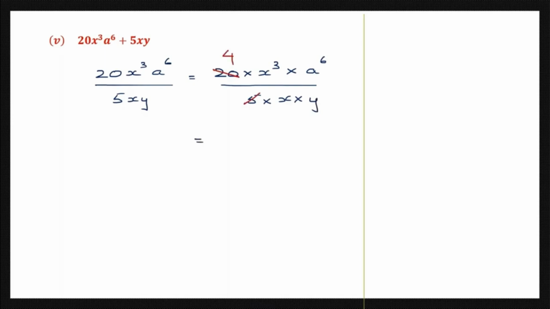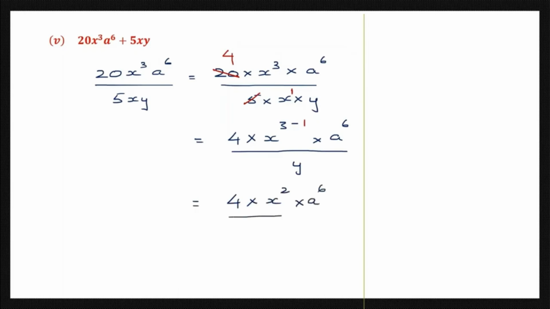So in my numerator, I will have 4 into x to the power of 3 minus, I can take this 1 here on top, into a to the power of 6. I don't have anything in the denominator, and in the denominator, I have y. So let's do this. 4 into x to the power of 3 minus 1 is 2, into a to the power of 6 by y. Finally, my answer is 4x square a to the power of 6 by y. So this is my final answer.